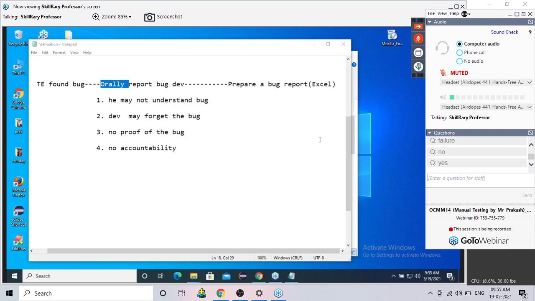And again, I'm repeating, how to prepare a bug report, that I will teach you after two or three days. That's one day's topic completely for preparing bug reports only.